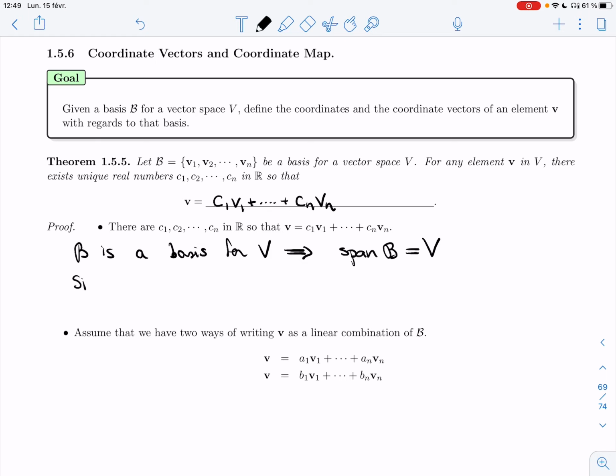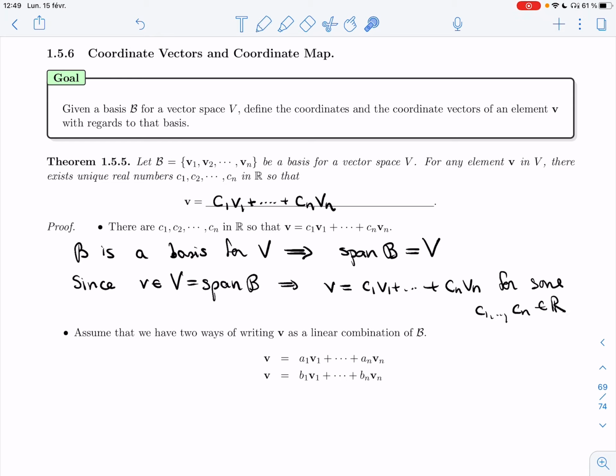So since v is in V, which is the span of B, that means that v equals c1 v1 plus ... plus cn vn for some c1 through cn in R. All right, so since B spans all of V, it spans little v, and so you can write it as a linear combination.